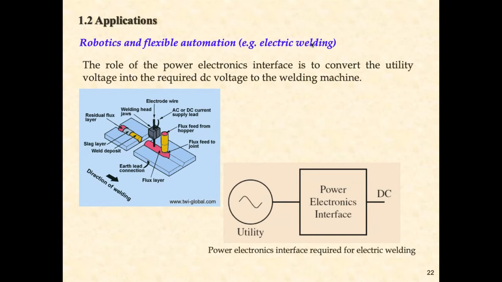Once we have the term induction, we know that it should be related to AC, and here electric welding should be related to DC. So here we also need the power electronics interface to convert the utility AC to DC for the welding machine.